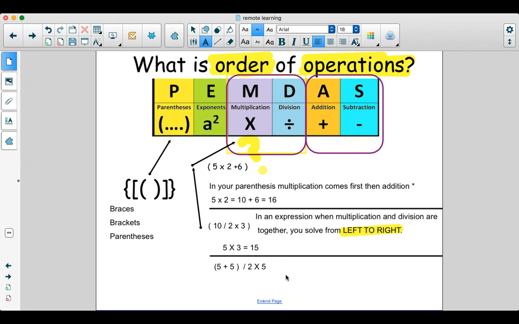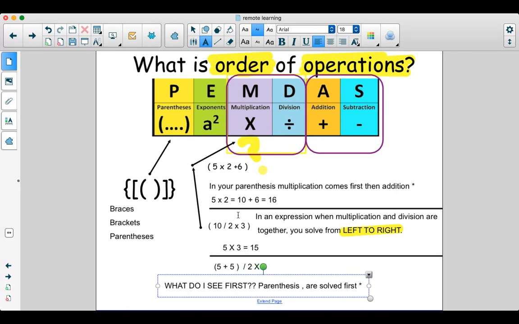All right, so what do we see first here? We're going to say to ourselves, what do I see first? I see parentheses, right? We always solve parentheses first.